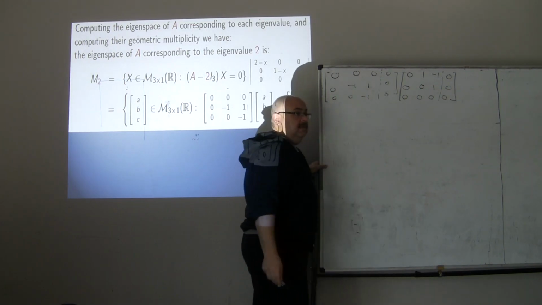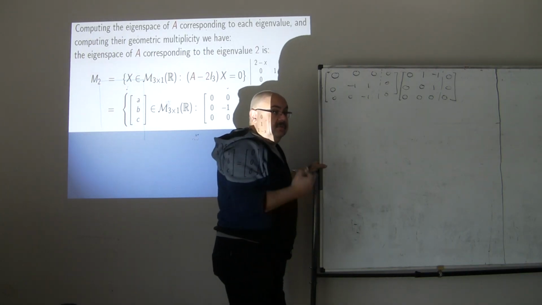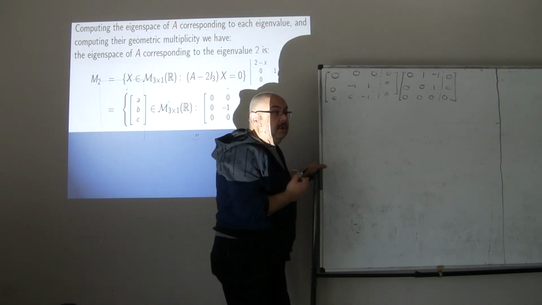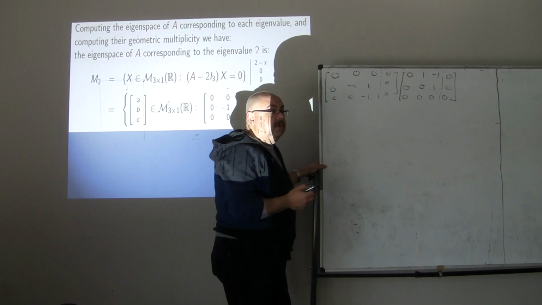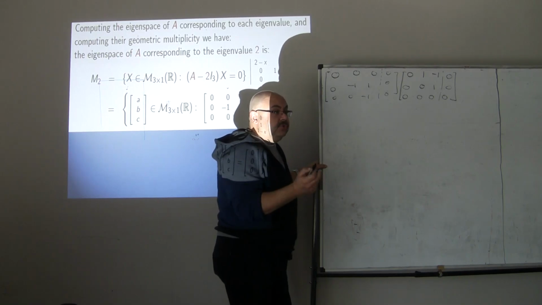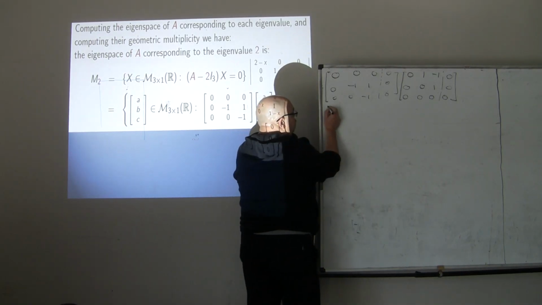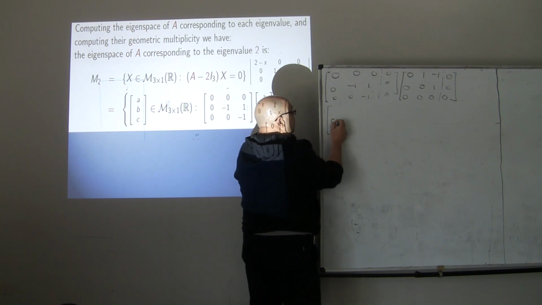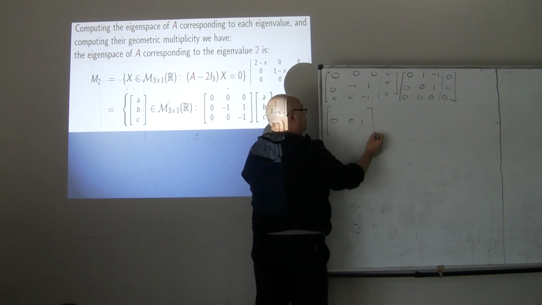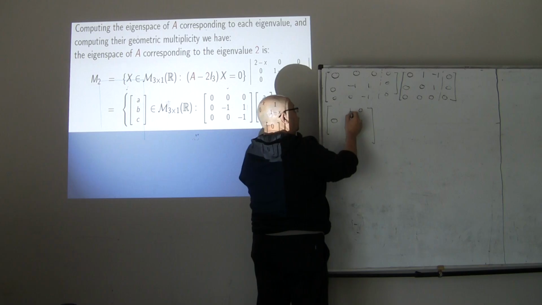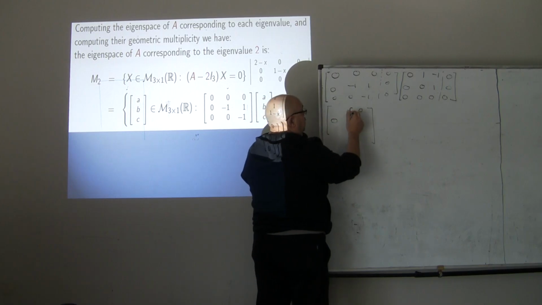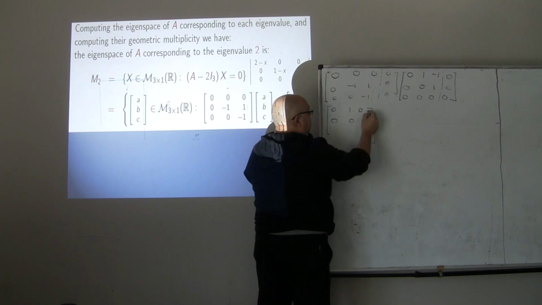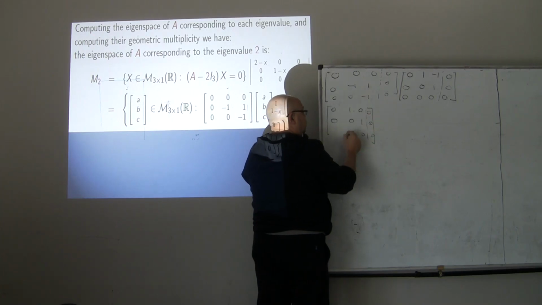Are we okay? So this is the reduced echelon form. What's the remaining step? To add the second row to the first row. If I add the second row to the first row, I will have 0, 1, 0, 0, and so on, with zeros elsewhere.